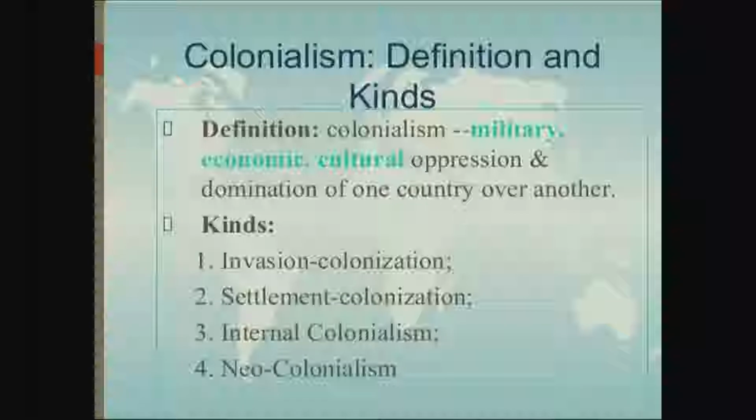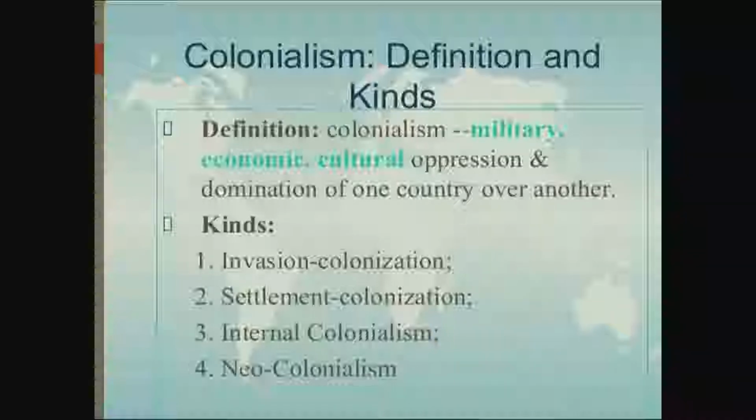Now, when I'm consistently talking to you about colonialism, my point is, what really do we understand by this term colonialism? Colonialism is talking about military oppression, economic oppression, cultural oppression. It talks about how one country establishes its dominion over another.